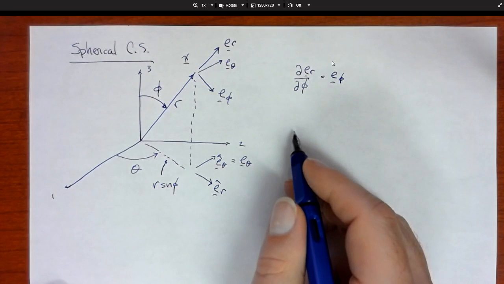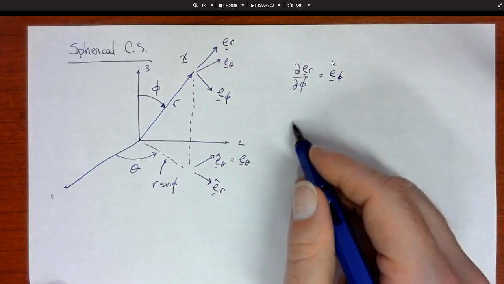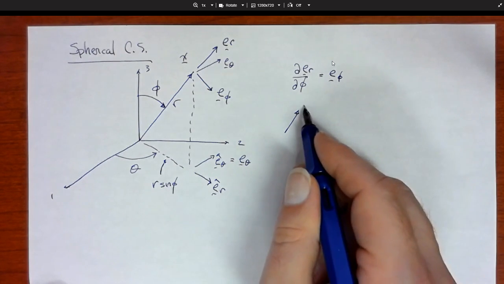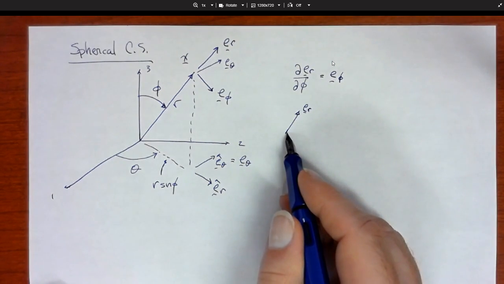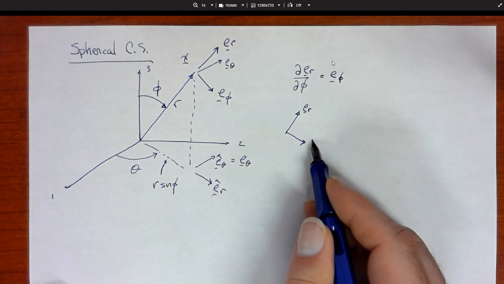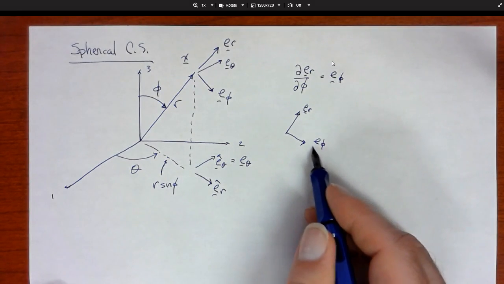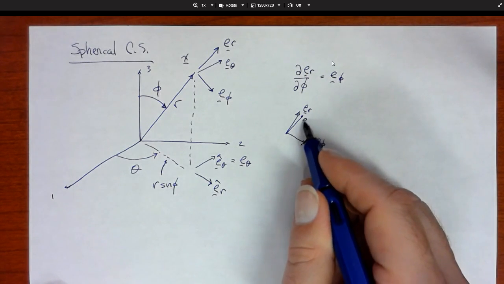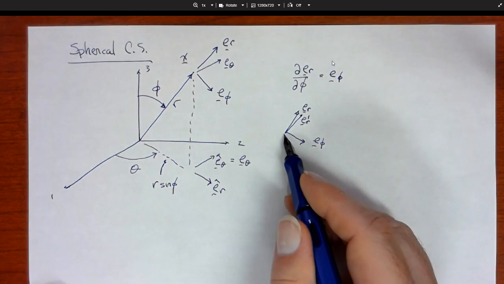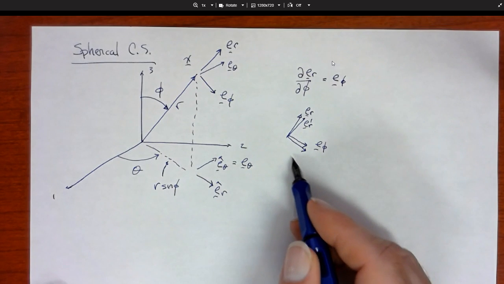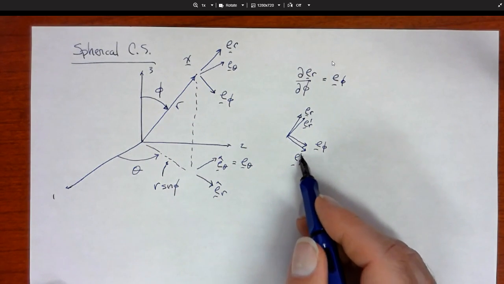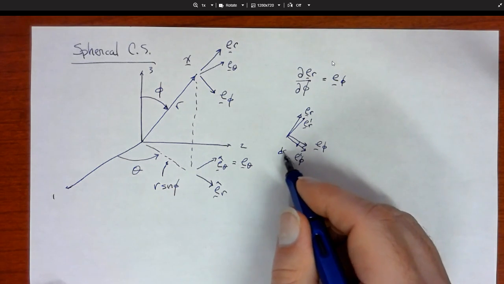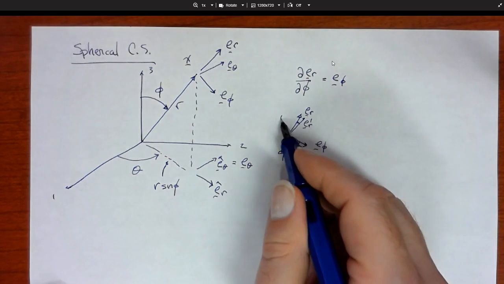Maybe I could draw a picture. Maybe it'll help. If you looked right down that length, you would have, this would be ER, and this would be E phi. And if we change it by a d phi, this would be ER prime, and this would be E phi prime, where this angle here, which you can't see, is d phi, and this is d phi.